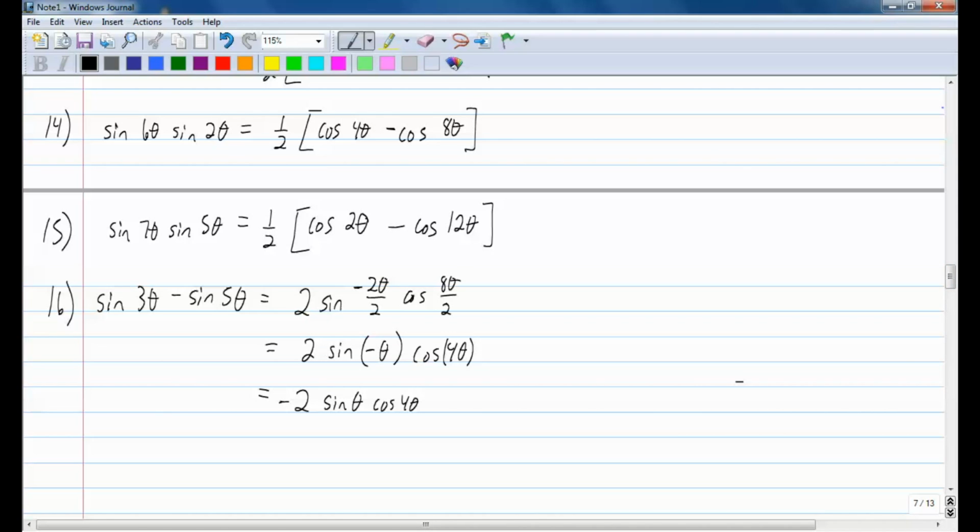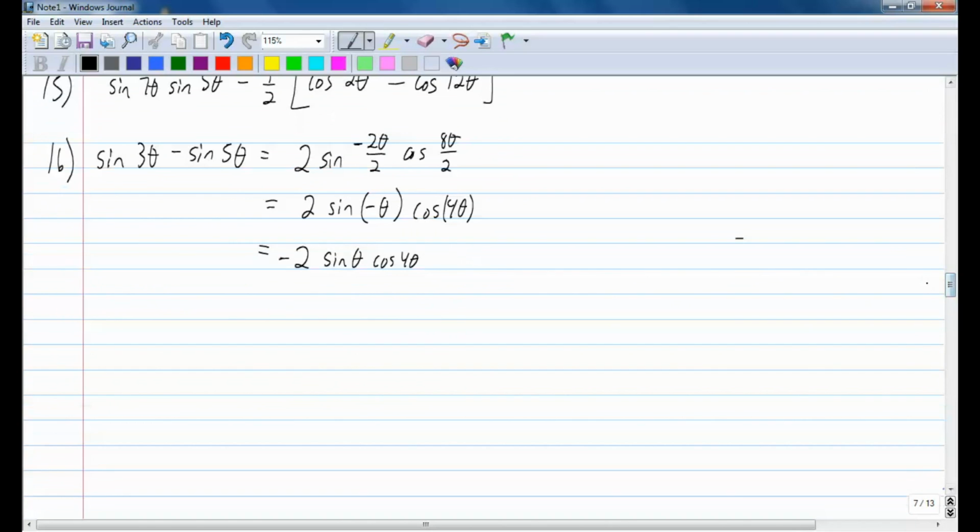Alright, number 17, we have fractions here, so be careful with the fractions. That's the cosine of 9 theta over 2 plus the cosine of 7 theta over 2. We want to change that sum into a product, so make sure you use the right formula. That's going to be 2 cosine of alpha plus beta over 2. So 9 halves plus 7 halves is 16 halves, and 16 halves is equal to 8.